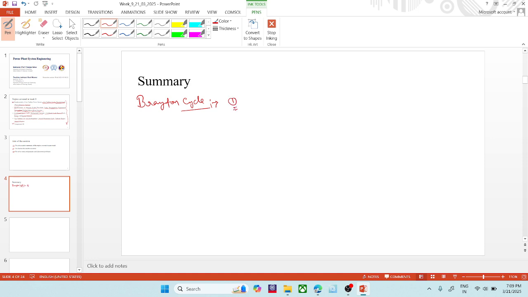The first one is the open Brayton cycle, and the second one would be the closed Brayton cycle.